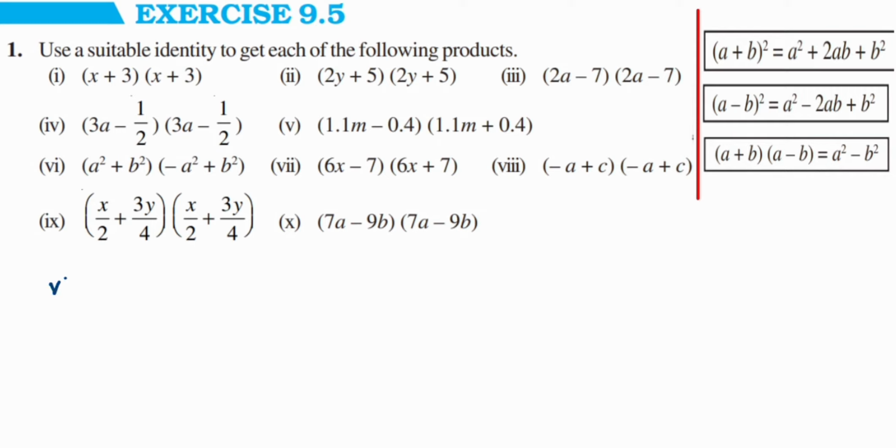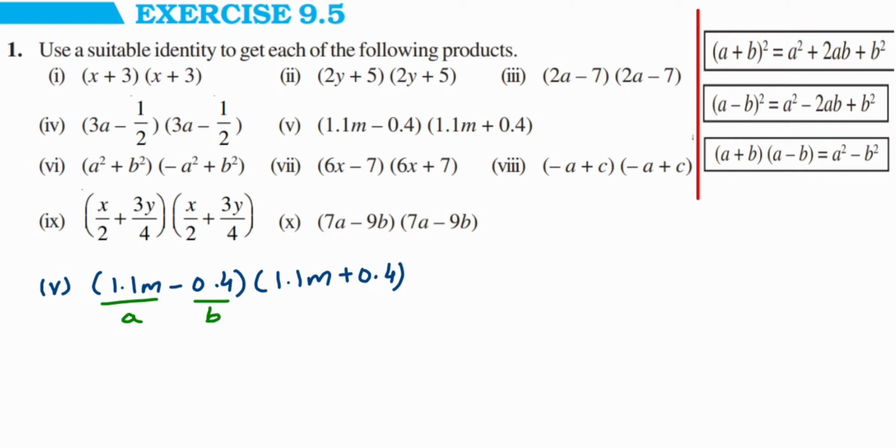First we're going to write down the question. So (1.1m − 0.4) into (1.1m + 0.4) will be equal to a square minus b square. Here we're going to take 1.1m as a and 0.4 as b.